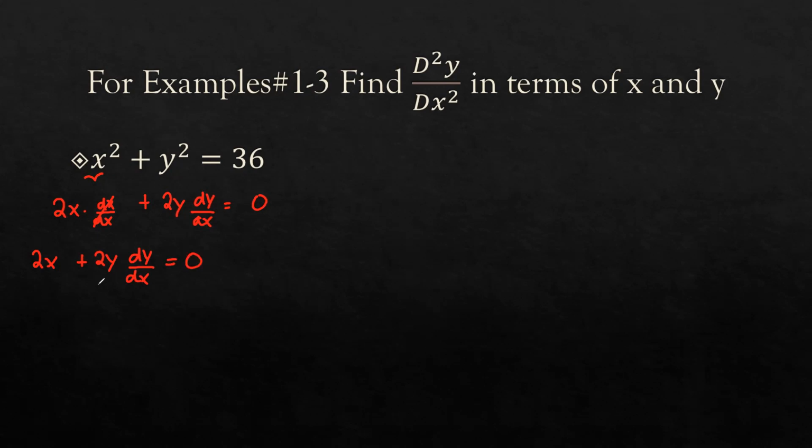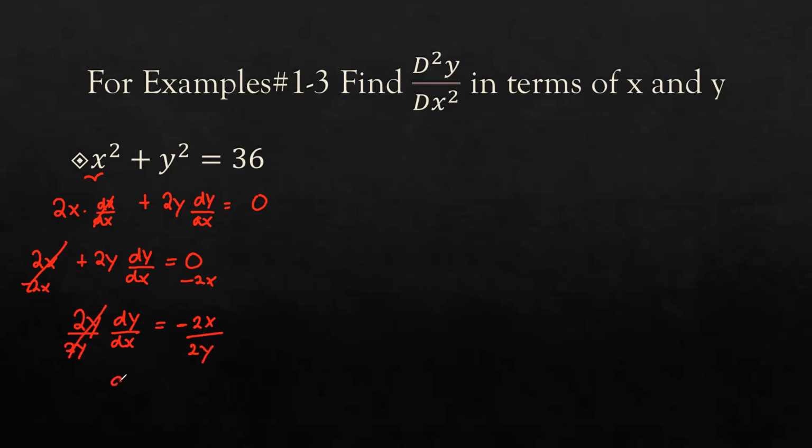Remember, step 1 says we have to get dy/dx by itself, so let's do that first. Let's solve for dy/dx. I'm going to subtract 2x, so you get 2y dy/dx equals negative 2x, and then solve for dy/dx by dividing both sides by 2y.